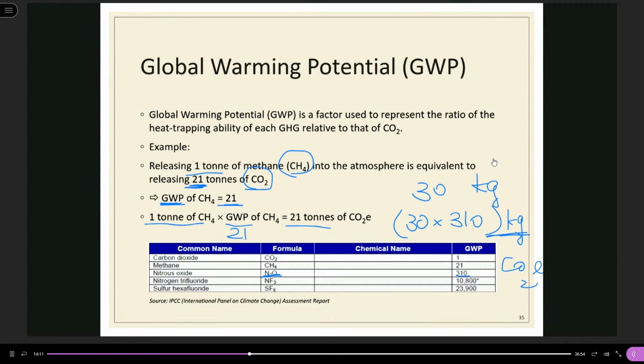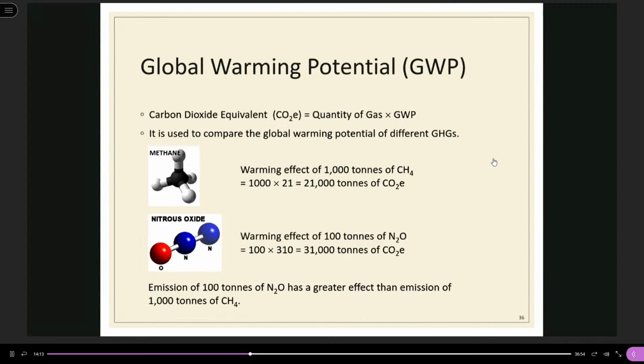Carbon dioxide equivalent is equal to the quantity of gas, which can be in kg or tons, multiplied by the global warming potential. This carbon dioxide equivalent is used to compare the global warming potential of different greenhouse gases.